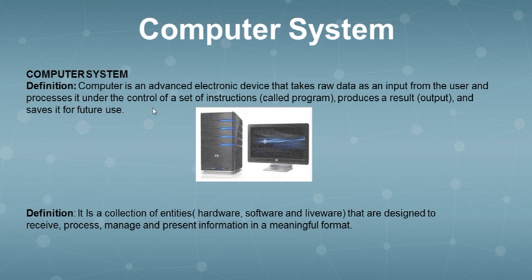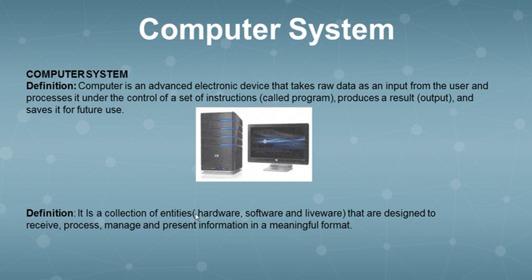Okay, so in other words, it is a collection of entities also. So what are the entities? Hardware, software and liveware. So what is hardware? Hardware is the physical devices like monitor, keyboard, mouse, speaker, etc. Software is also a component of a computer which is logically present, by which we can work with the computer.